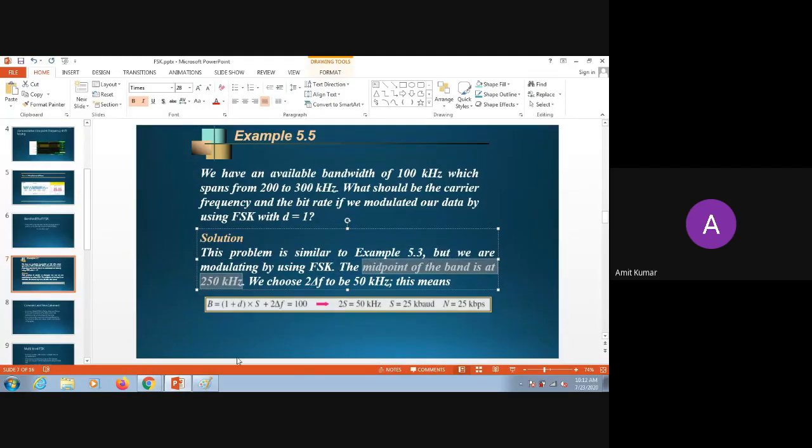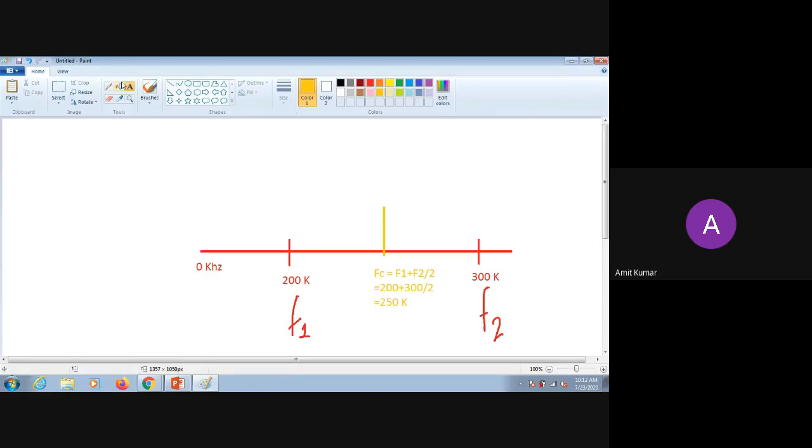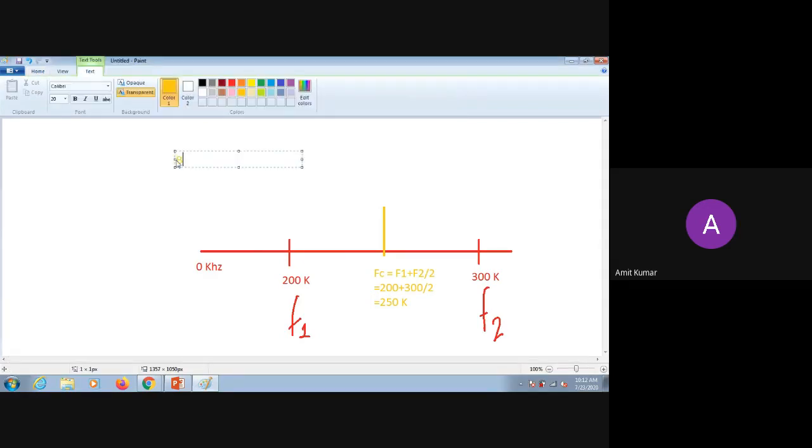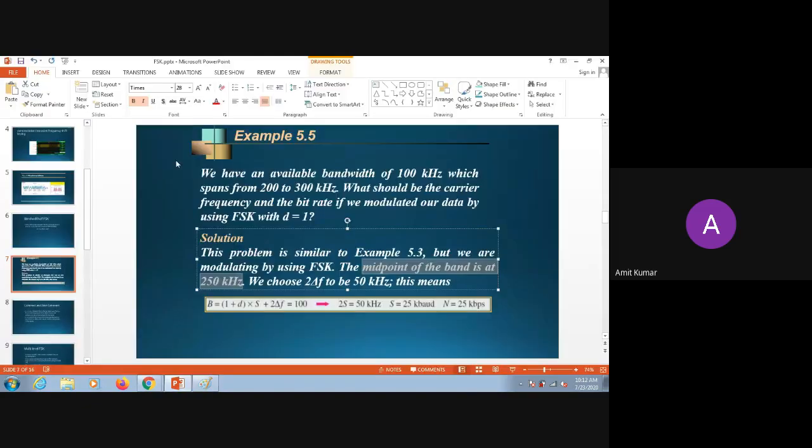Now the second thing we need to do is calculate 2 delta F, because bandwidth B is equal to 1 plus D multiplied by S plus 2 delta F. D they have given already, D is 1.